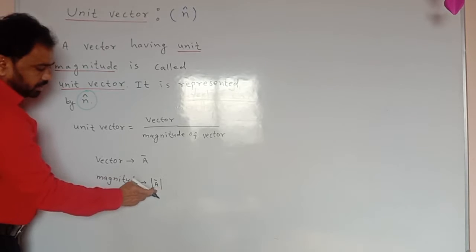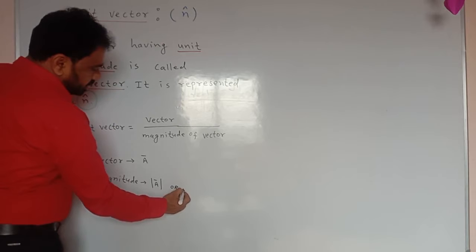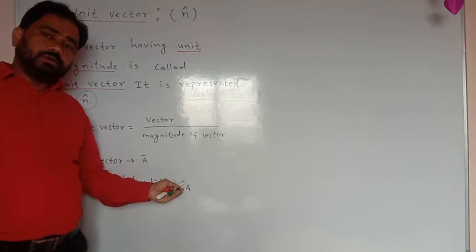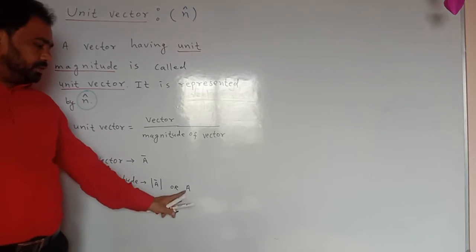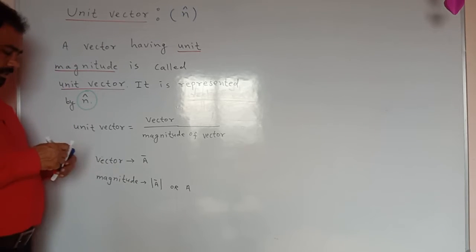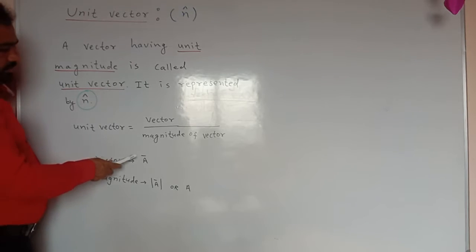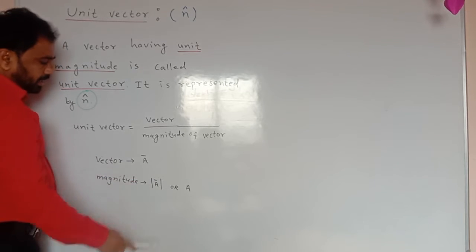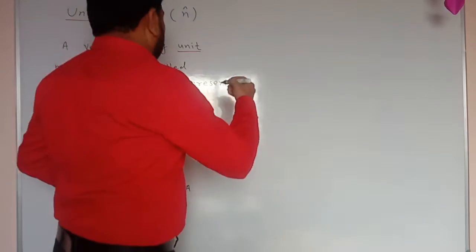So mod of vector A represents its magnitude, or we can simply write A, without putting an arrow over the head of A. This A also represents the magnitude of vector A. Means, to represent the magnitude of vector A, we can use mod of vector A or simply A.